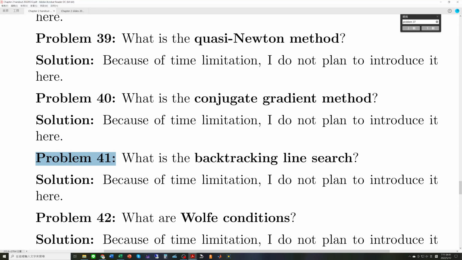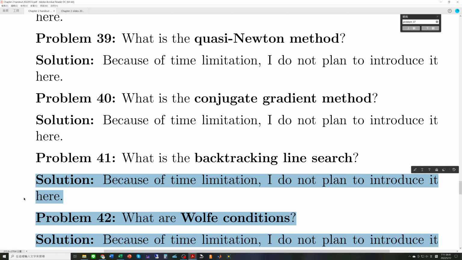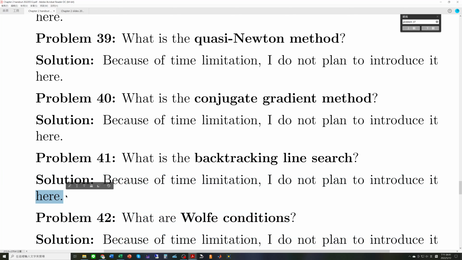Problem 41. What is the backtracking line search? Solution: because of time limitation, I do not plan to introduce it here. Problem 42.